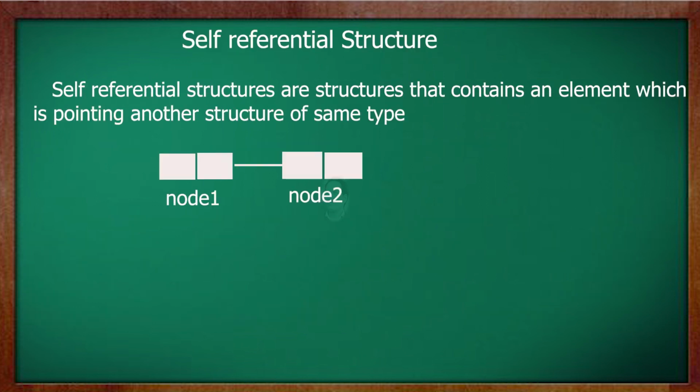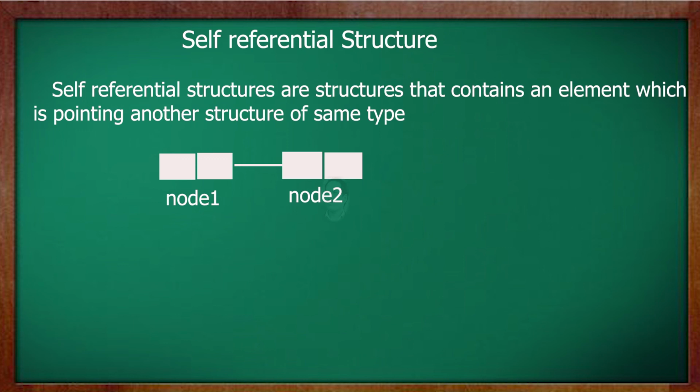We learn one more important concept of pointers: the self-referential structure. What does self-referential structure mean? It is a structure that contains a member which is a pointer pointing to another structure of the same type. You can see here a node 1 structure with two members and a node 2 structure with two members.